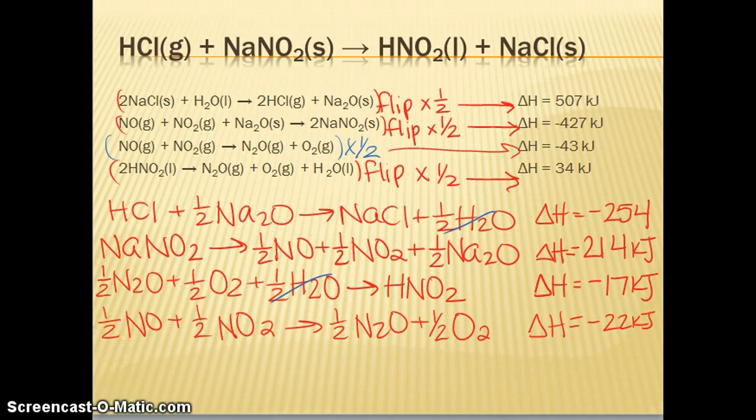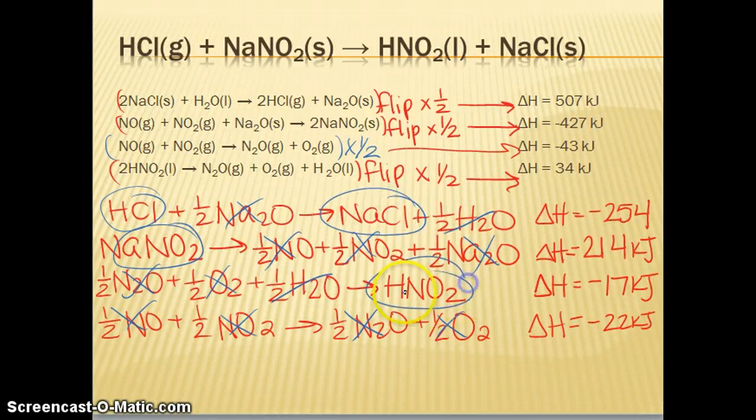So let's keep canceling then. 1/2 N2O, 1/2 N2O, 1/2 O2, O2, NO2, NO2, NO, NO, Na2O, Na2O. This leaves me with HCl, NaNO3, NaCl, and HNO2, which is what I wanted.